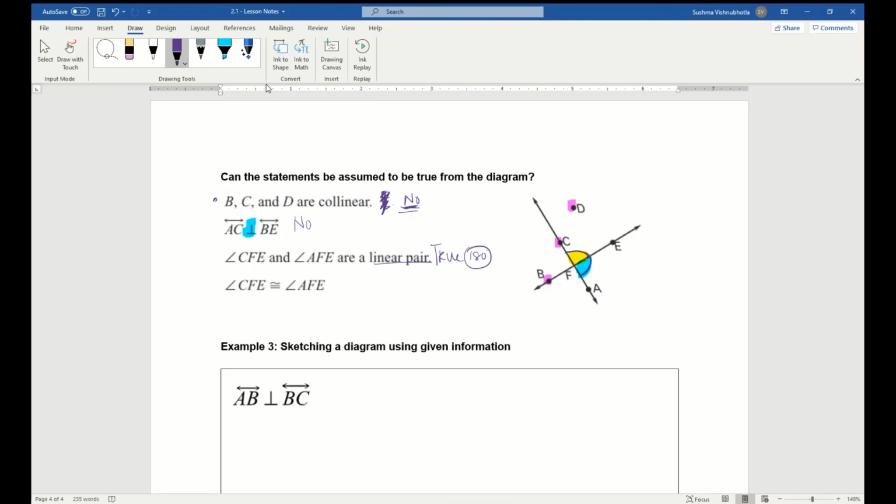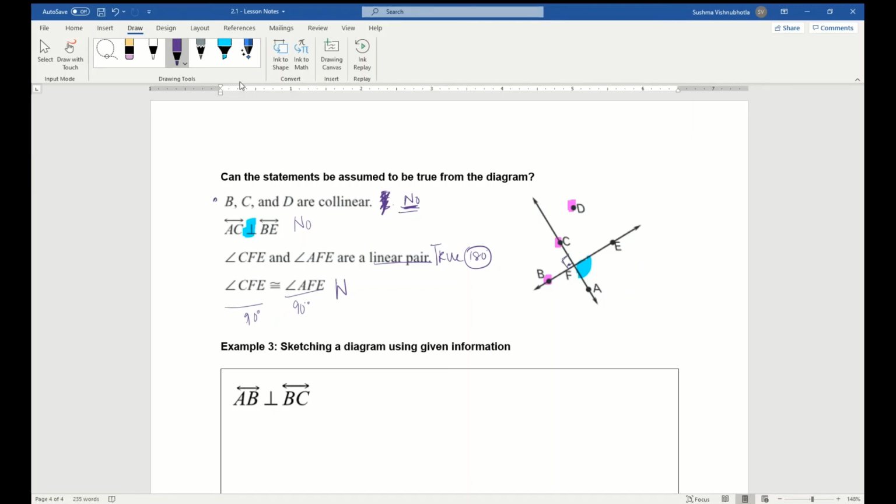Now, CFE and AFE are congruent. That I cannot assume. This is saying that if they are congruent and they're on a straight line, can you assume that each of them are 90 degrees? No, you cannot. Now, I can easily change that by adding this symbol right here.